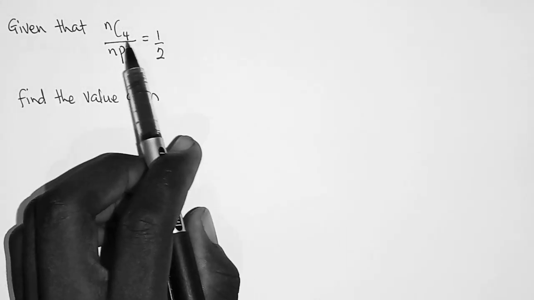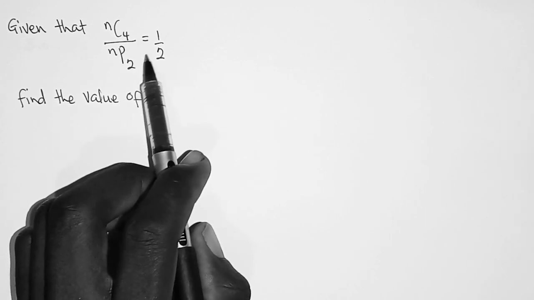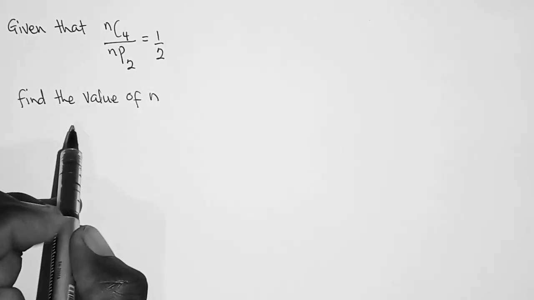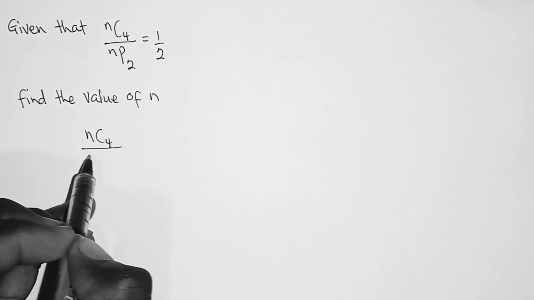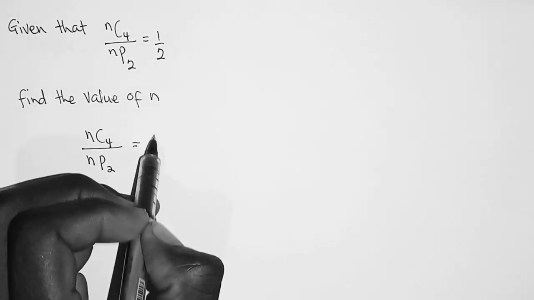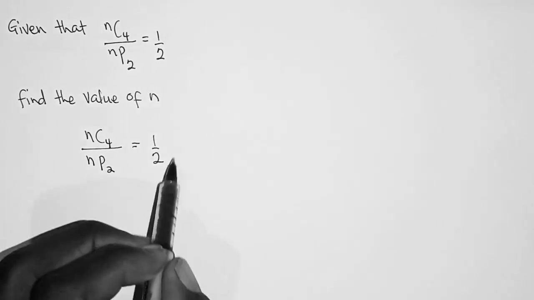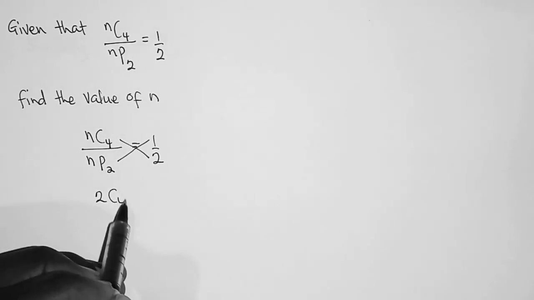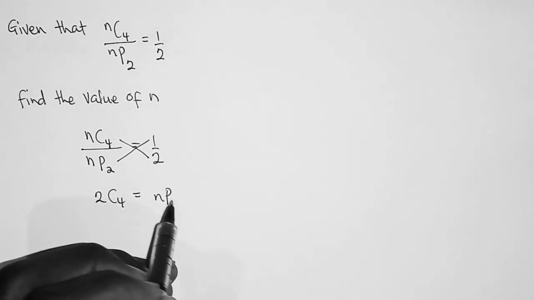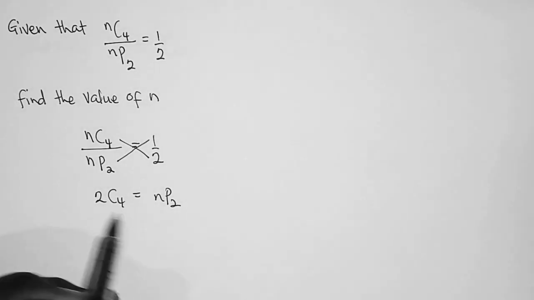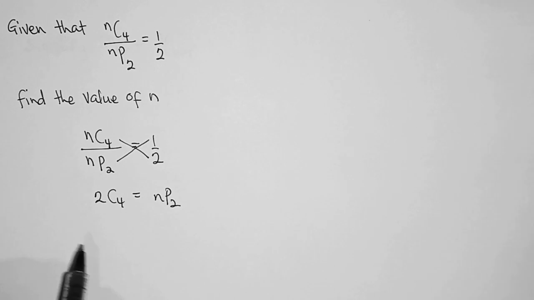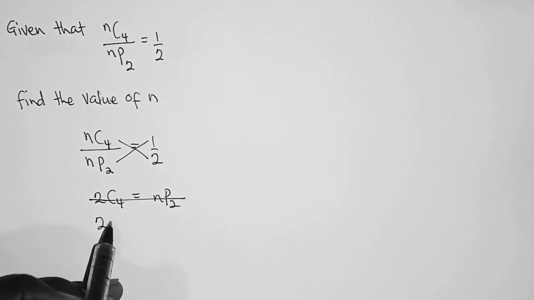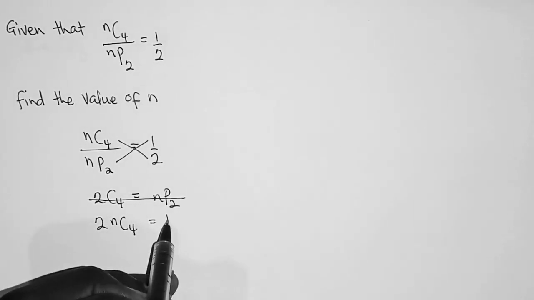Given that n combination 4 divided by n permutation 2 is equal to 1 over 2, find the value of n. So let's write n combination 4 divided by n permutation 2 is equal to 1 over 2. So let's cross multiply. So this becomes 2 times n combination 4 equals n permutation 2.